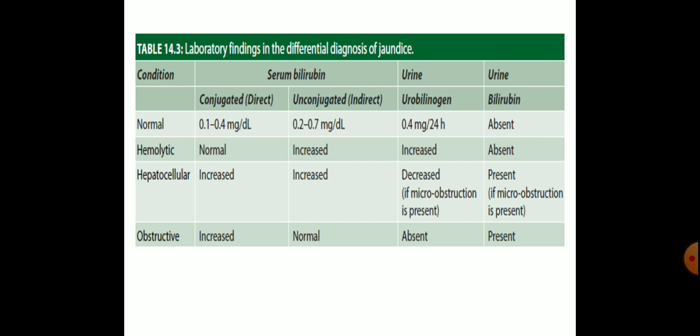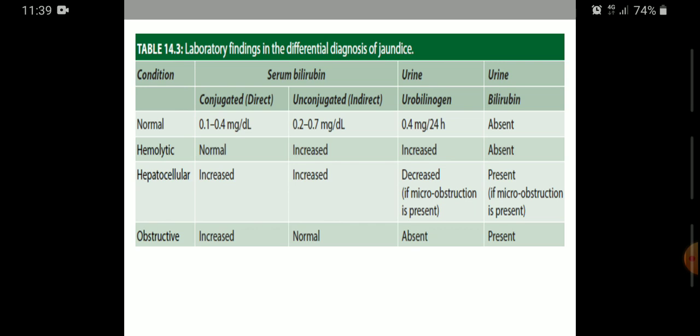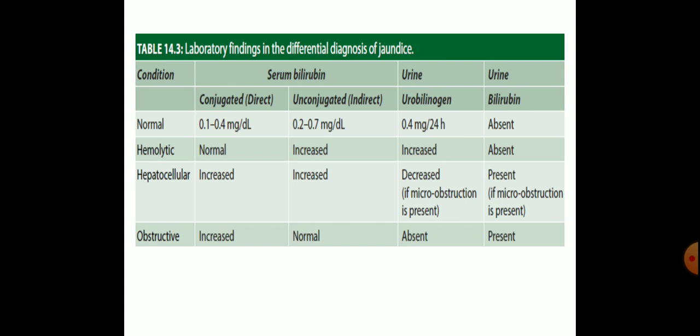And the unconjugated bilirubin level in a normal healthy adult person ranges from 0.2 to 0.7 milligrams per deciliter, and these unconjugated bilirubin levels are elevated both in hemolytic as well as hepatocellular jaundice, but are normal in obstructive jaundice.